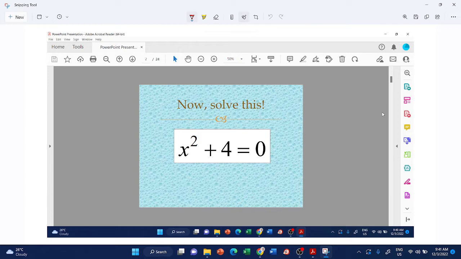Yes, madam. Okay, will you be able to get the solution? Negative 4 and 0, madam. I think you should select it in the number. I still got negative 2 and 2, but there is an i symbol beside. Okay, there is i. So the value here is 2i and negative 2i.